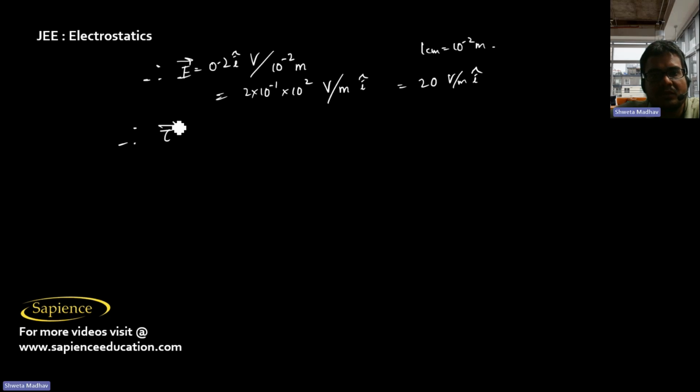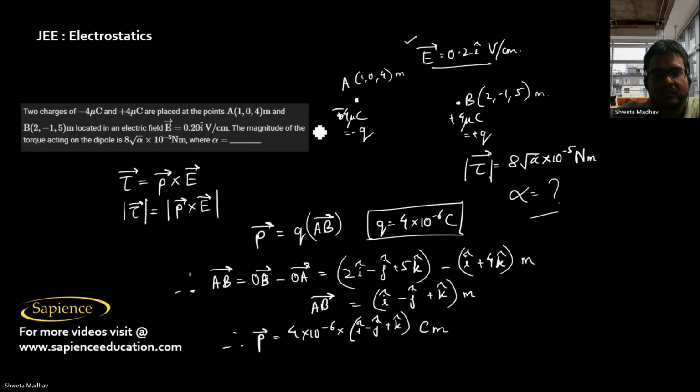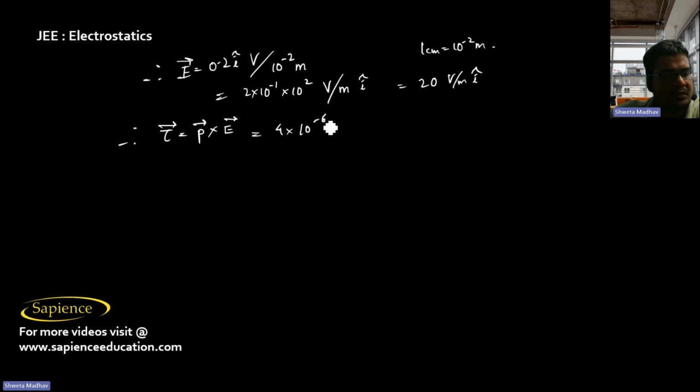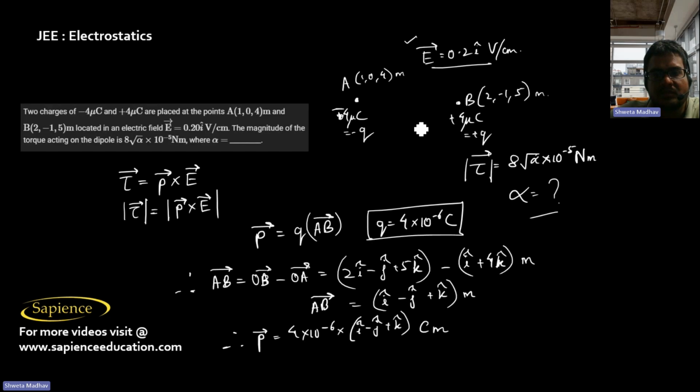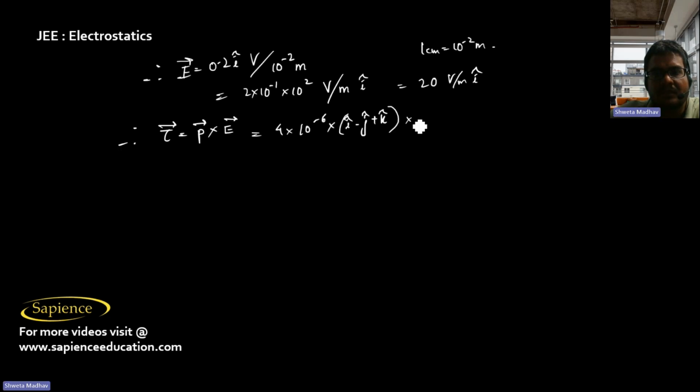Now the torque will be equal to P cross E. This will be equal to 4 into 10 power minus 6 into (i cap minus j cap plus k cap) in cross product with 20 i cap, in Newton meter.